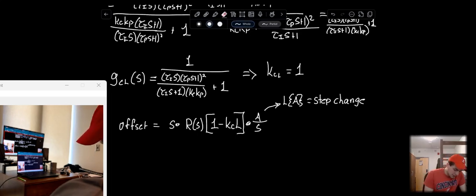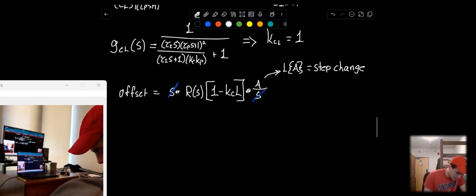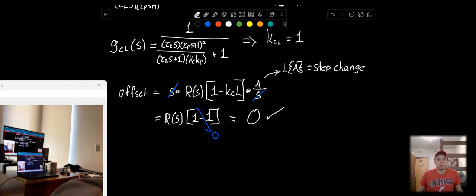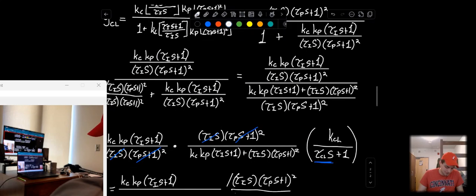So obviously now we can see that S times S will cancel, and we're left with R of S times 1 minus KCL, which is 1. Obviously this goes to 0, and so our offset is 0, which is what we predicted initially, correct?